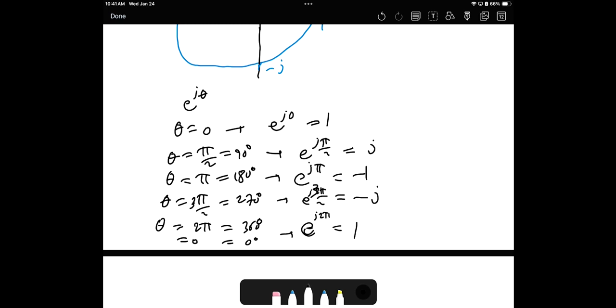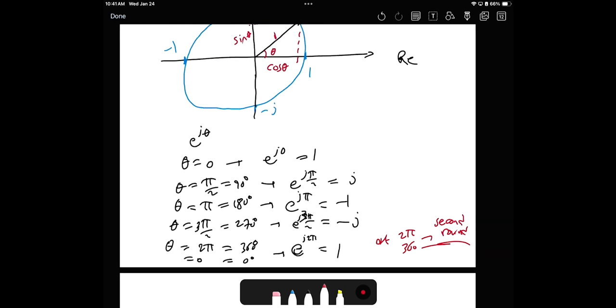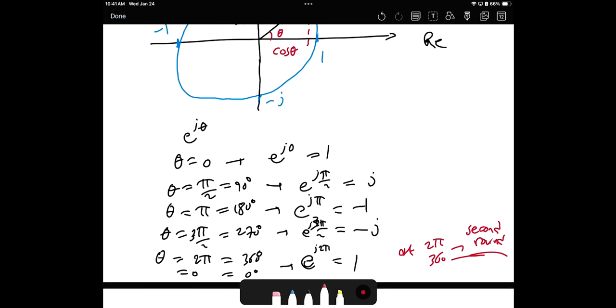Because recall, at 2 pi or 360 degrees, you are starting the second cycle. As a circle, when you reach exactly 360 degrees, this means you are starting the second circle, which means 360 minus 360, 0. Okay? Or in other words, 2 pi.